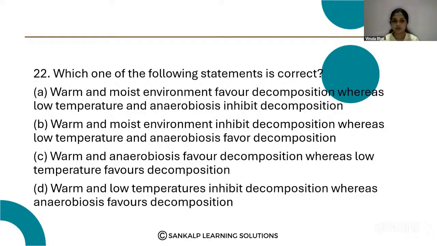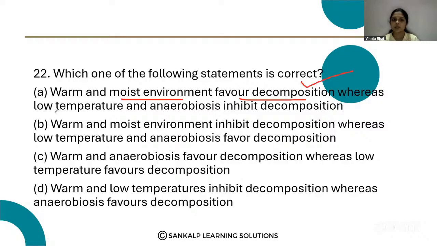Question number 22. Which one of the following statements is correct? Option A: Warm and moist environment favor the decomposition, whereas low temperature and anaerobiosis inhibit the decomposition. Look, a warm and moist environment favors decomposition, that is correct.